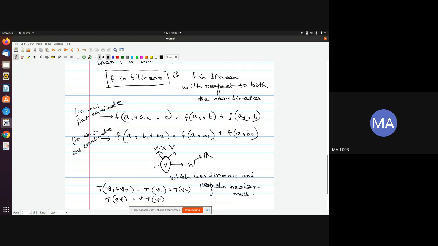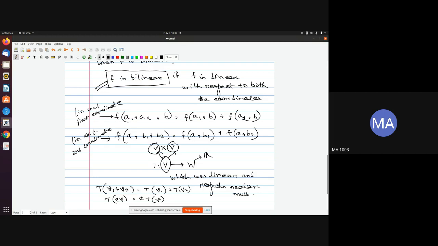So if we need the same type of property as we expect in the case of a linear transformation, what do we need? It should be linear with respect to both the coordinates, correct? And it satisfies the scalar multiplication property, right? That is what bilinearity means.